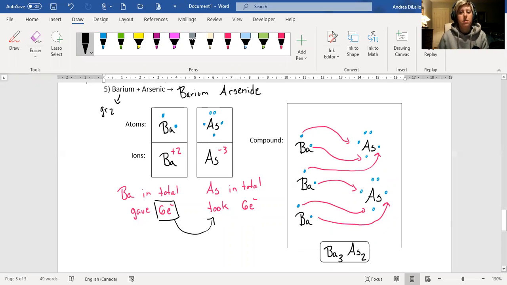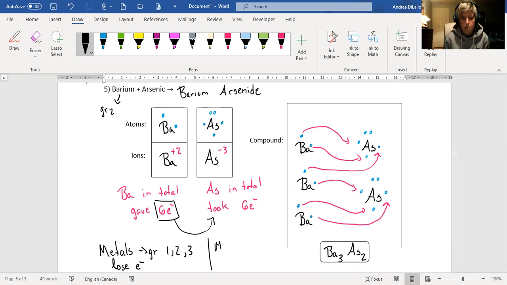So I hope this helps. And the key thing that we need to remember is that our metals, which are in groups 1, 2, and 3, will lose electrons to have a full last shell. Our nonmetals, which are in groups 5, 6, and 7, will gain electrons to get a full last shell.